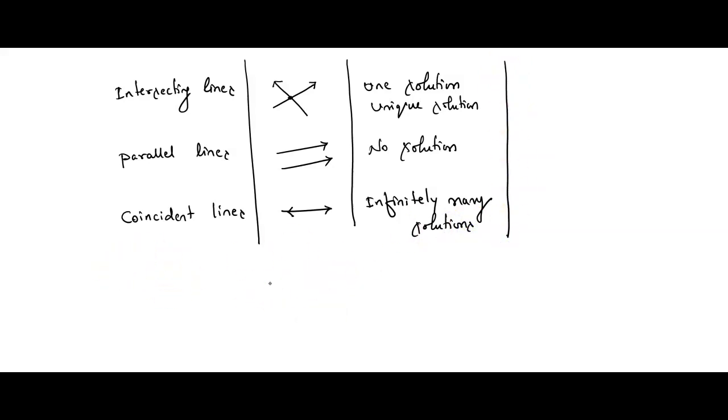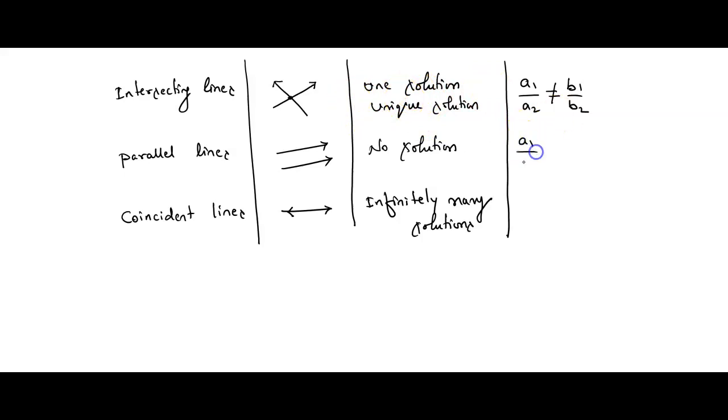How can you prove that it has a unique solution, no solution, or infinite solutions? Here we have the algebraic condition. A1 by A2 should not be equal to B1 by B2, then the solution is unique, or it has one solution.